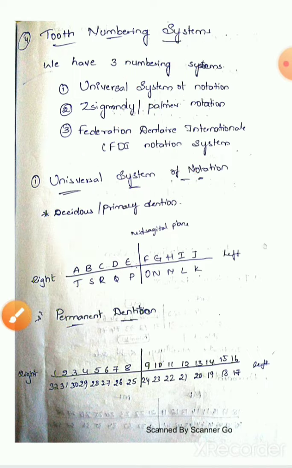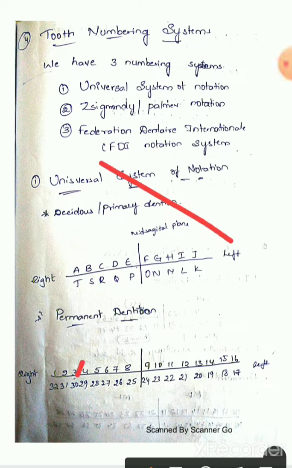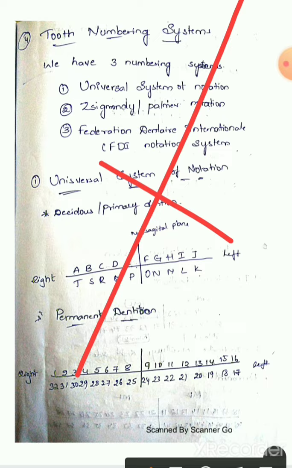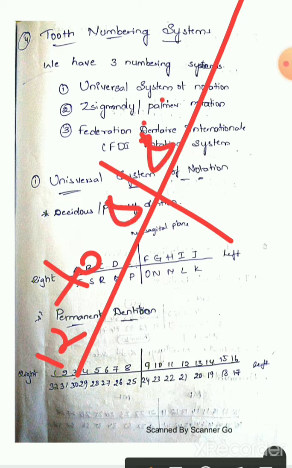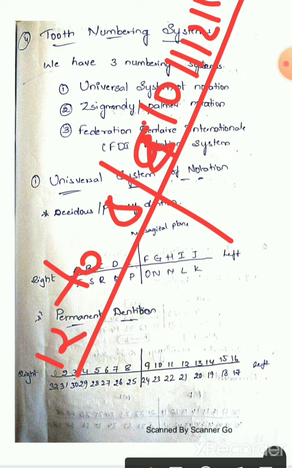The permanent teeth also follow the same idea, each tooth having a specific number, but here we use numbers rather than letters. It also starts from the right third molar, 1 to 8, and 8, 9, 10, 11, 12, 13, 14, 15, 16.